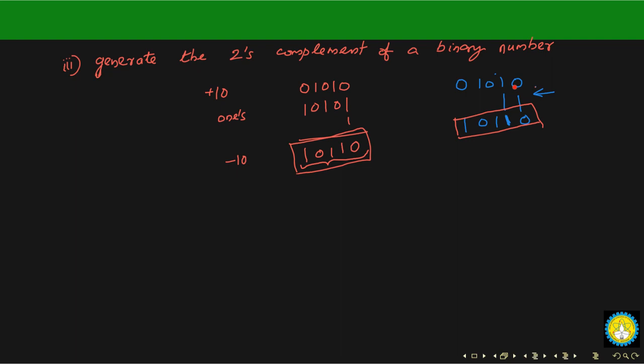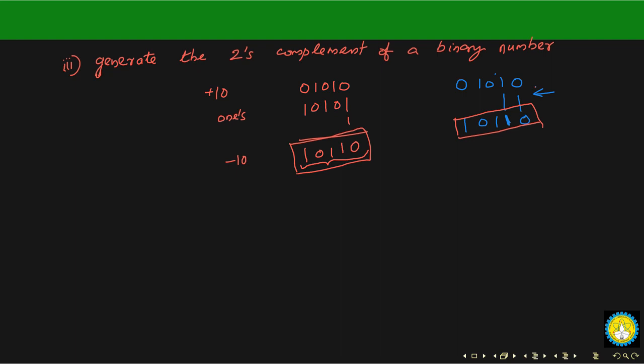Using this trick, you can actually find the 2's complement of a given number. You can also apply the 2's complement of a 2's complement to get back the number itself, right? Let me show you that also. It will become interesting. If you apply the same trick on this 2's complement representation, we are expected to get this result back, that is 0, 1, 0, 1, 0. So let's try that.